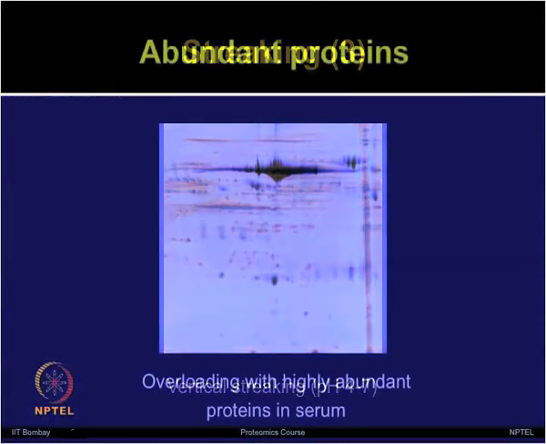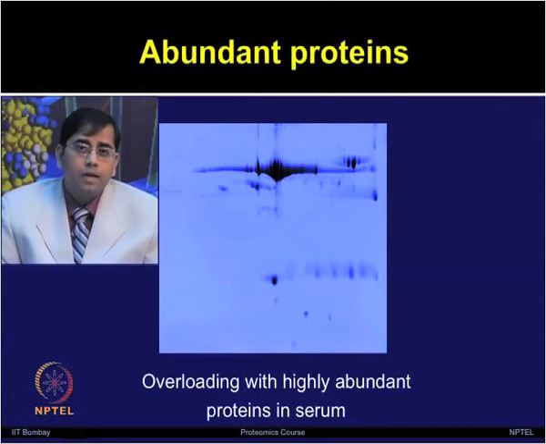Now, abundant proteins, as we briefly talked about last time, sometimes crude samples do contain highly abundant proteins and salts. Abundant proteins are one of the major interfering components which can be easily seen on the gel. If you have a serum sample, there are many interfering components present in the serum, including some abundant proteins such as serum albumin.